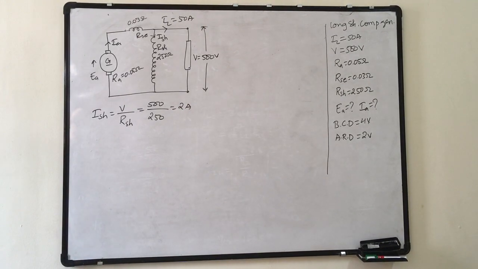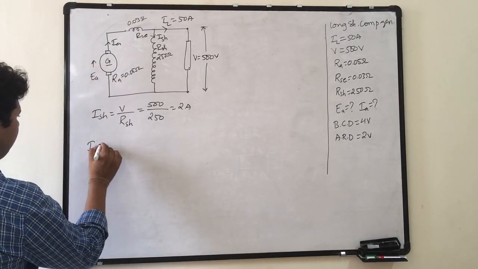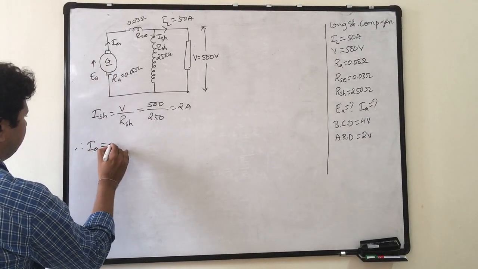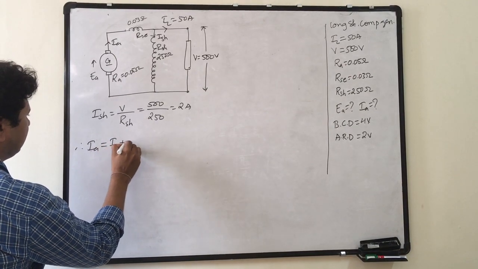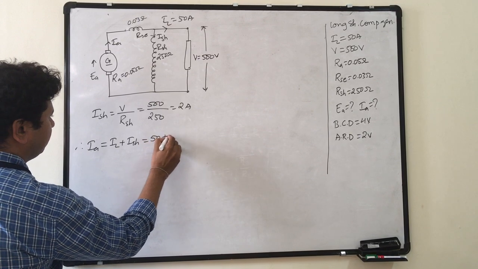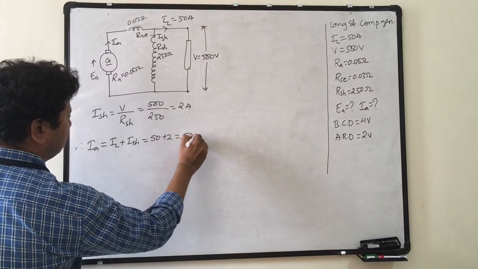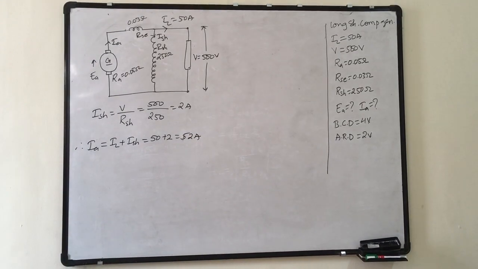Then IL is 50. Therefore IA is IL plus ISH, that is 50 plus 2, which is 52 amperes.